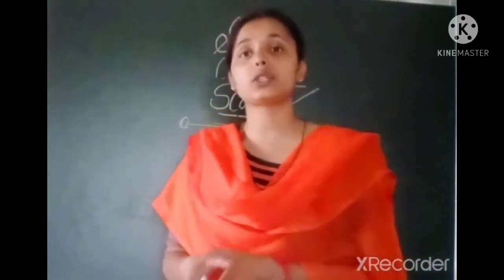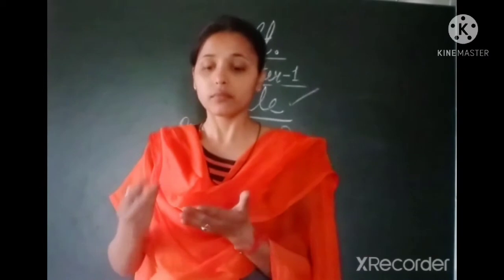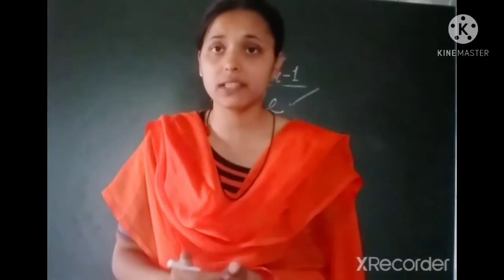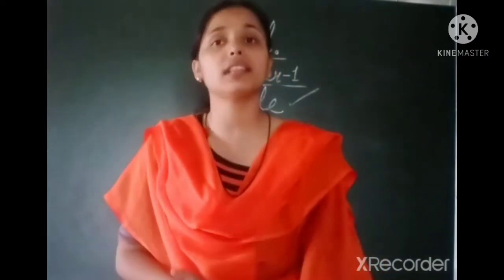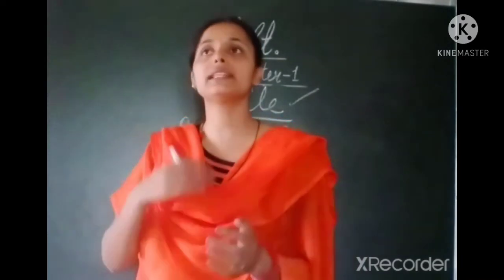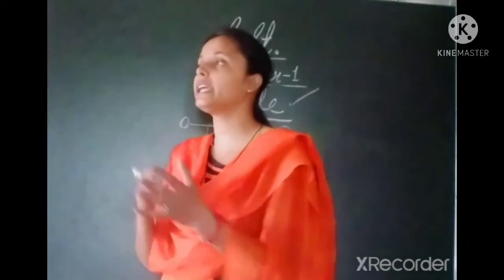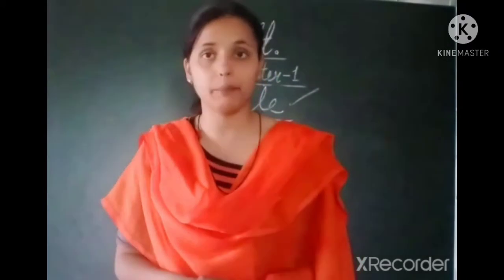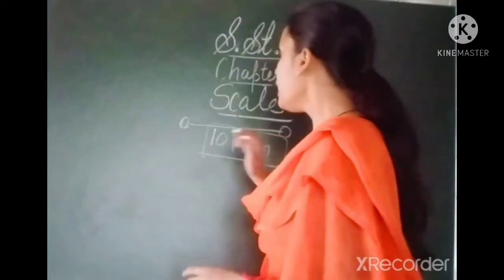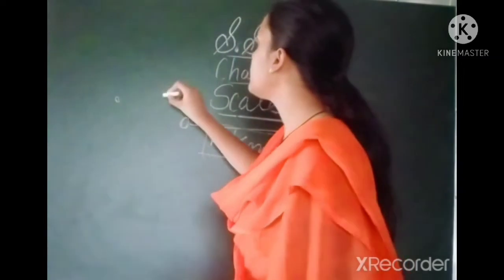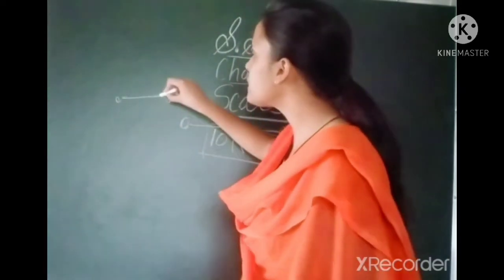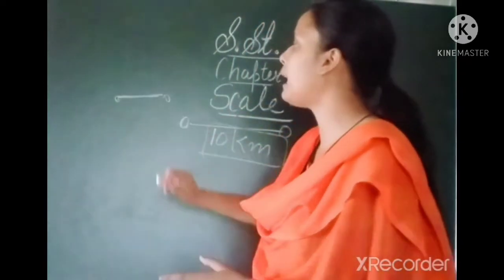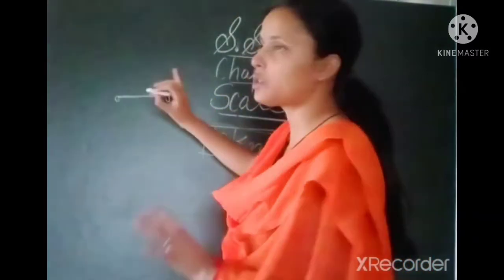Now what is scale? Scale is a ratio between the actual distance and the distance shown on the map. Now let's talk about how we can show the distance between two places on a map. Suppose these are the two places, and the ratio is decided.